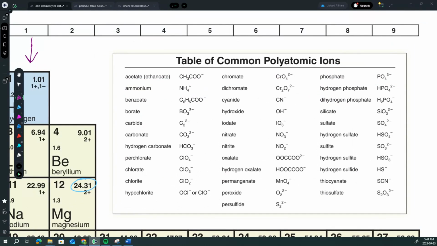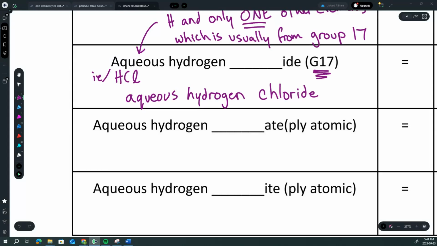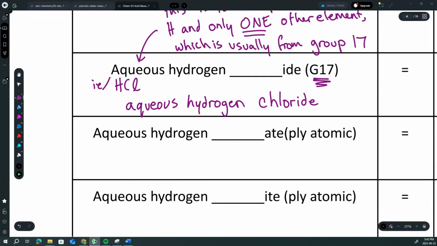And so with the ions that end in ATE, like phosphate or nitrate or sulfate, this is going to be the rule for compounds with hydrogen and polyatomic ions that end in ATE. Okay, so we would call them aqueous, hydrogen, and then this is just the root word from the polyatomic ion ending in ATE. So you don't change the ending for the IUPAC naming system.